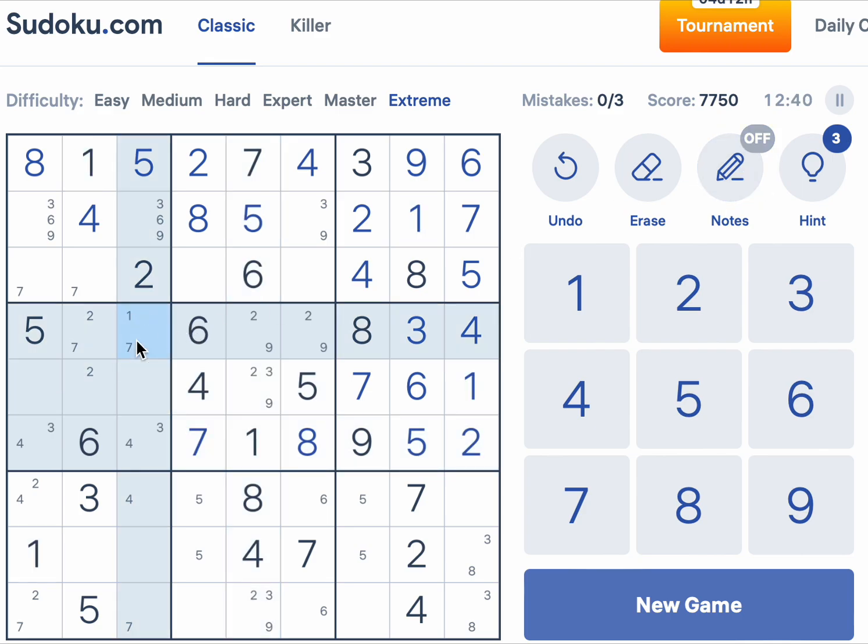So this cell must be 1. So in this block, we're missing 1, 3, 9. Let's make a note. Here it could be 1, 3, 9, 1, 3, 9.